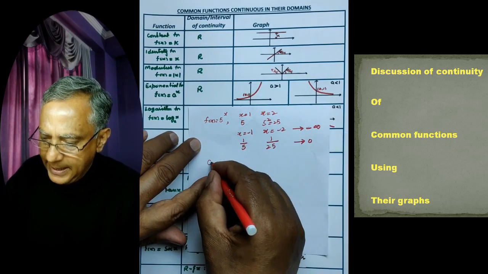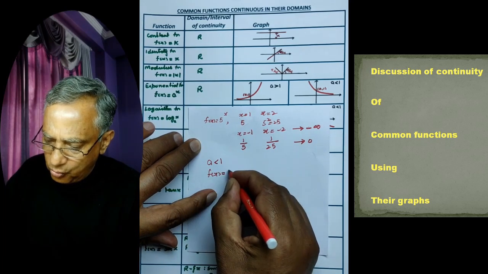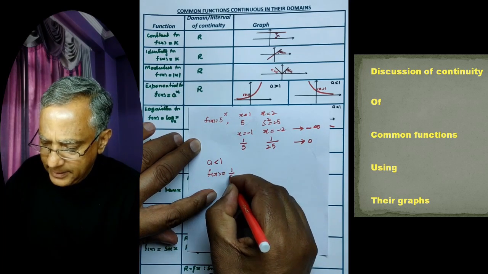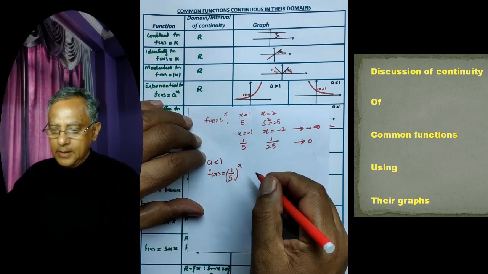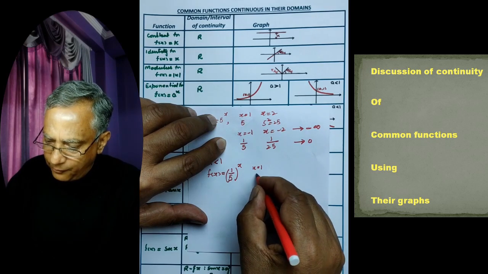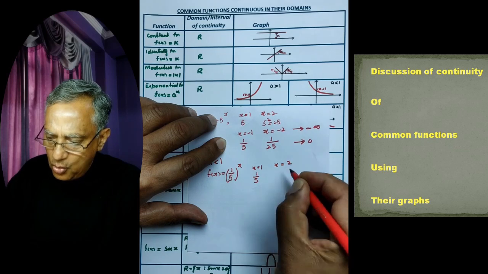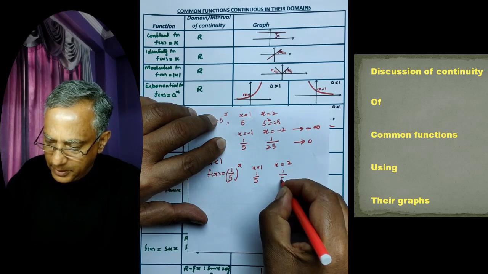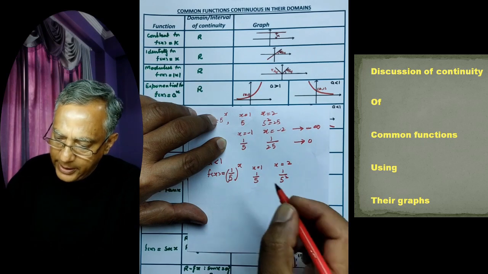And for a less than 1, let f(x) be equal to 1 by 5 to the power of x. So when x is equal to 1, the value of the function is 1 by 5. When x is equal to 2, the value of the function will be 1 by 5 square, that is 1 by 25.